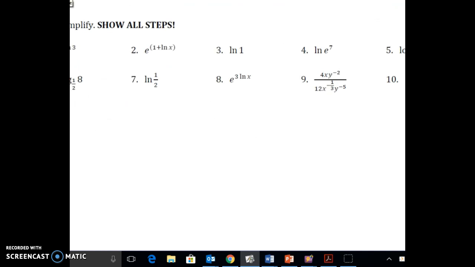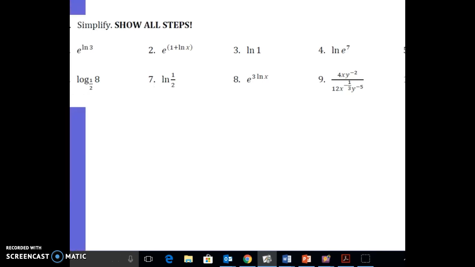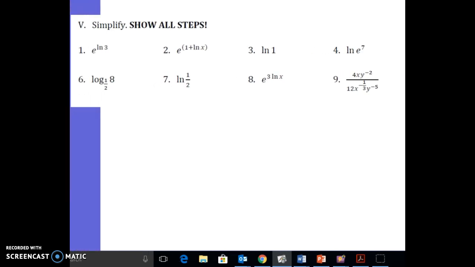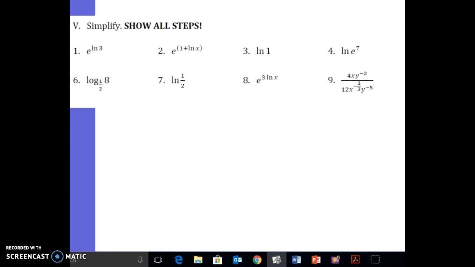Okay, so almost finished with the front, with the last section on the front. And what we're going to do is talk about some logs and exponential rules and stuff like that. So one thing to keep in mind is that ln is a log with base e.